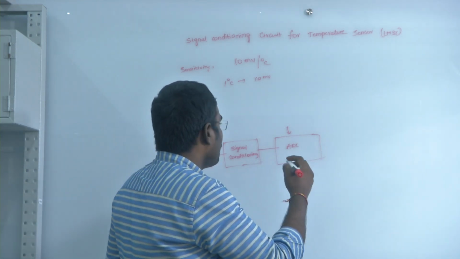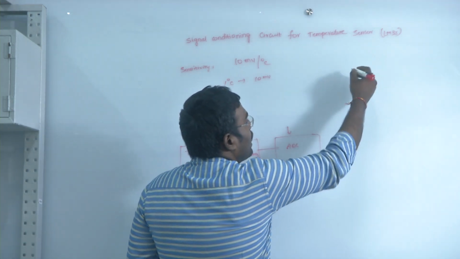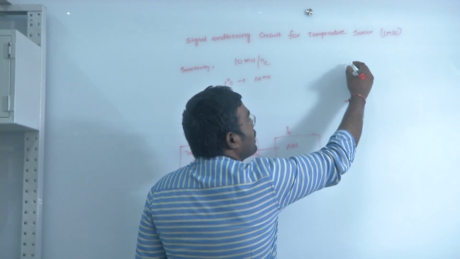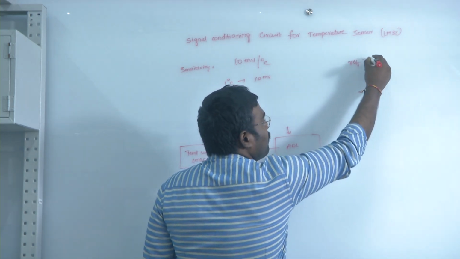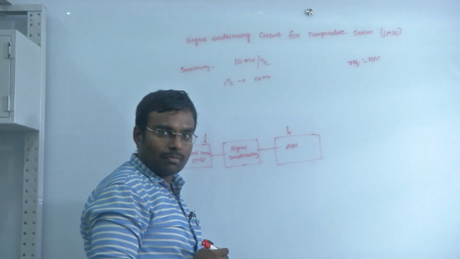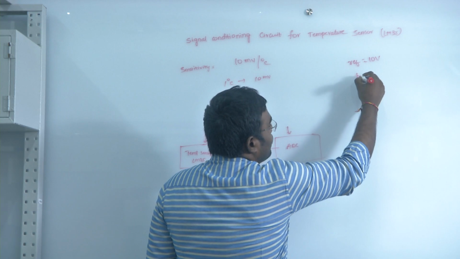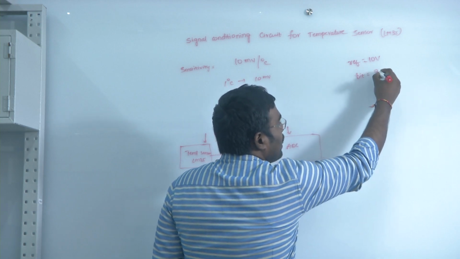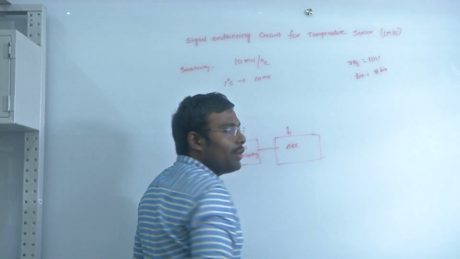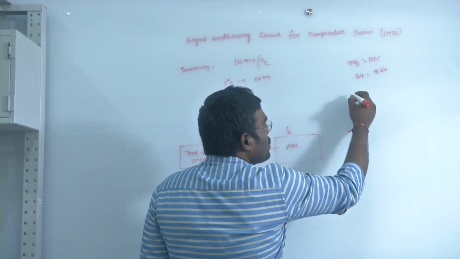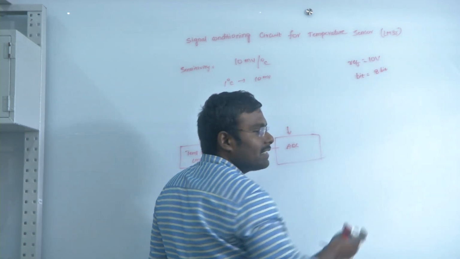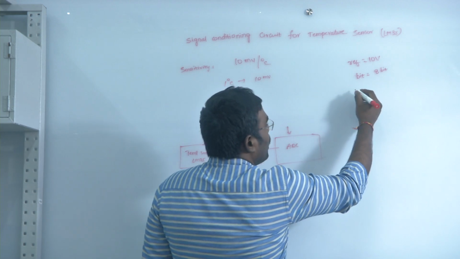Say the reference of the ADC is 10 volts, and the bit resolution of the ADC is 8-bit. We know that this complete 10 volts will be divided into 256 levels.